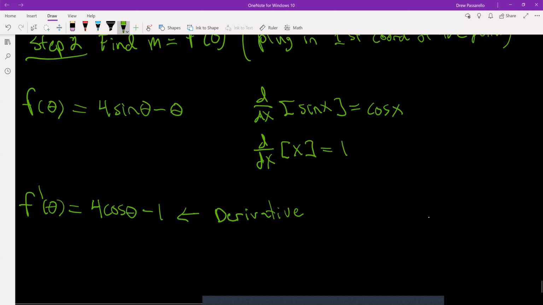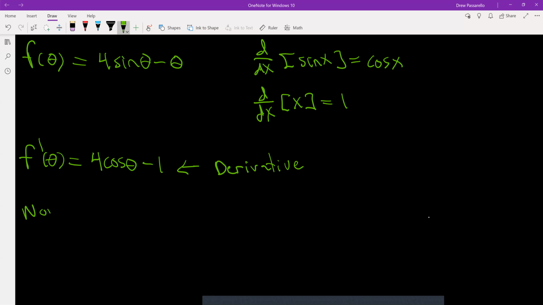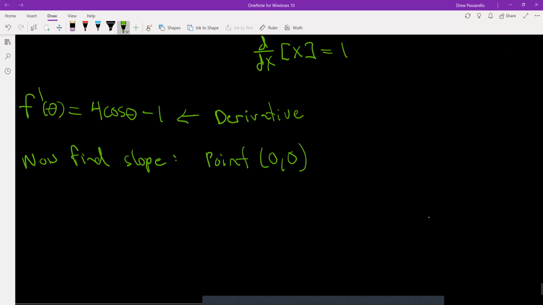Now I find the slope. And again, the point of 0, 0, you plug in the first coordinate. It happens to be that both of them are 0 based on our function, but you plug in the first coordinate, theta equals 0.